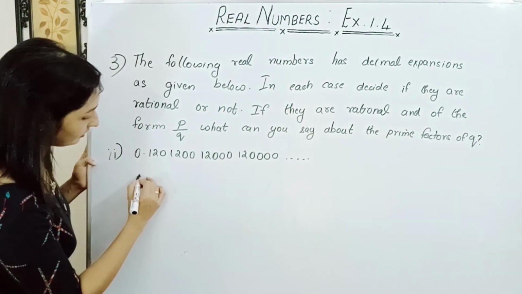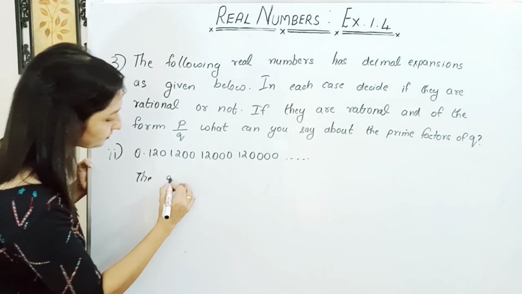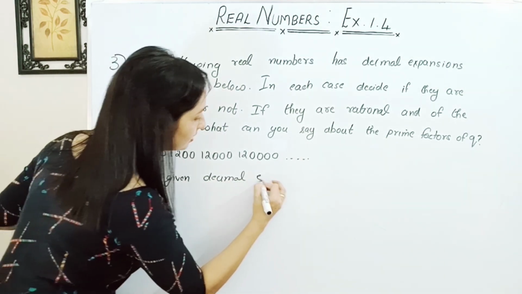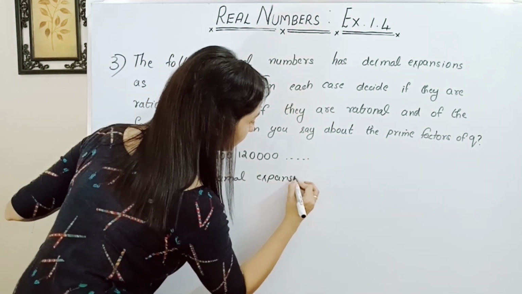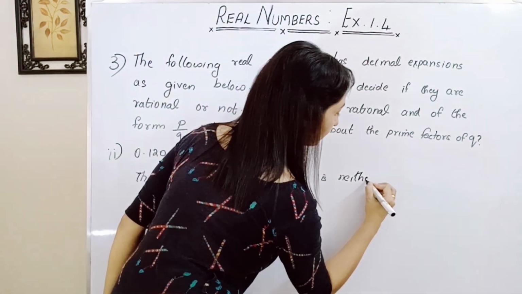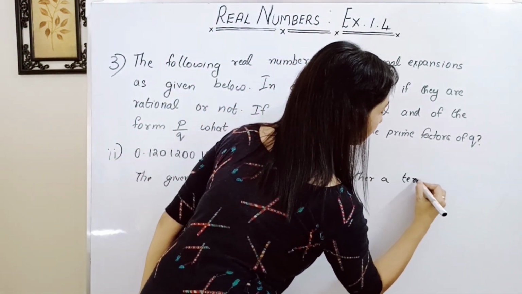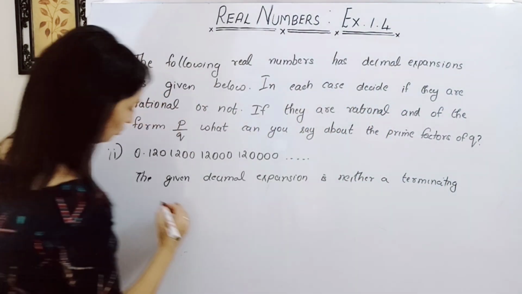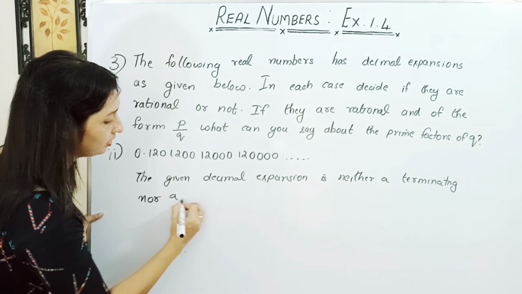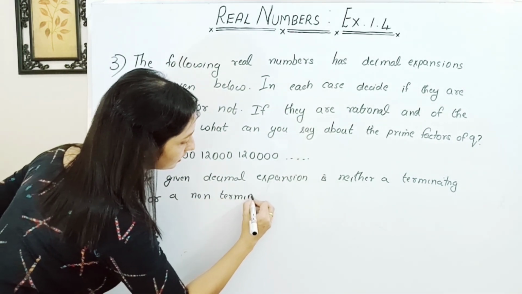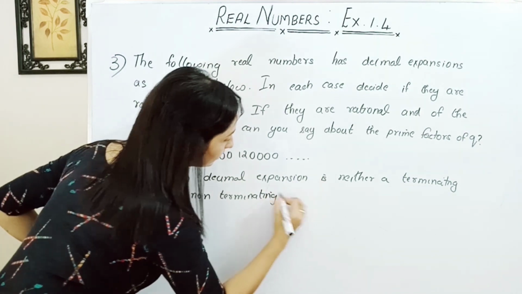So how can you write the answer? The given decimal expansion is neither terminating nor repeating.